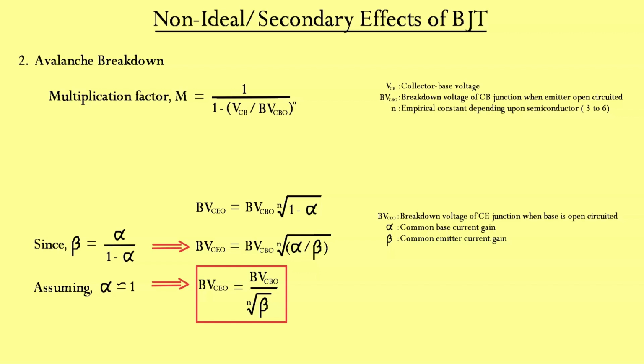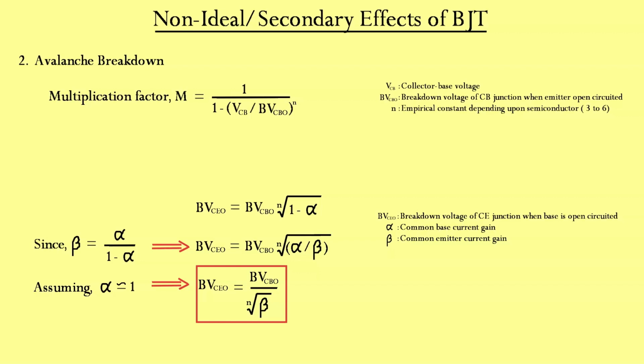Here we have two formulas which you should know. Multiplication factor for a BJT is given by 1 upon 1 minus collector base voltage divided by breakdown voltage of collector base junction when emitter is open circuited, raised to the power n, where the value of n can vary from 3 to 6, which is an empirical constant depending upon semiconductor.